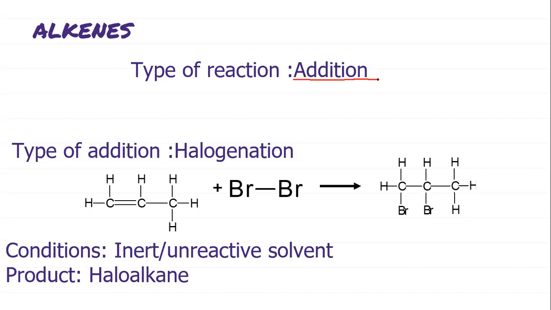For example, let us look at this molecule. Now, my dear learners, you will recall that this molecule is propene or prop-1-ene. Now, this double bond there is a bit unstable when this prop-1-ene is reacting with another molecule.